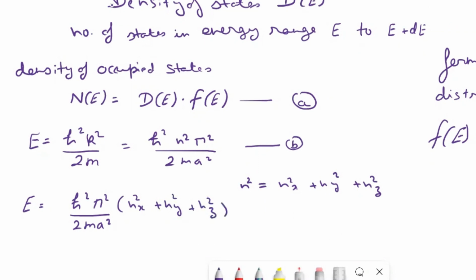Now, if we look closely at this equation, for a particular energy value E, this will be constant. h bar is also constant, pi square is also constant, 2m a square is also constant.